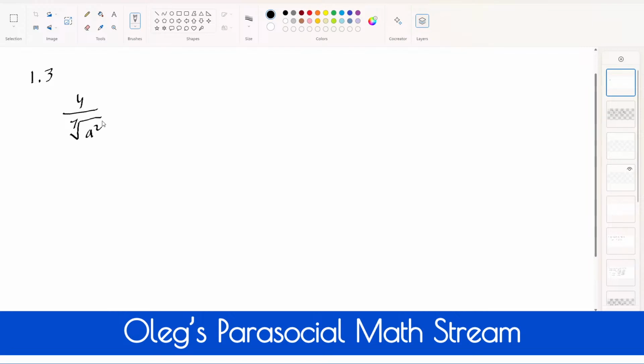Well, let's see what they say. The power of 2 and the power of 7 will be 7, 2. Oh, okay. That's cool. Yeah, that makes a lot of sense. So 4 over a over 2/7. And then this is the same as writing 4 over a negative 2/7.